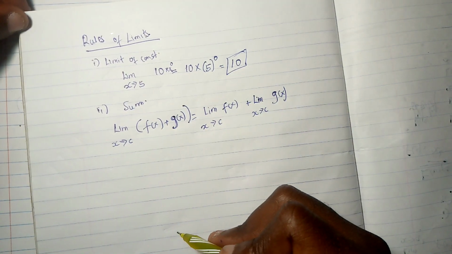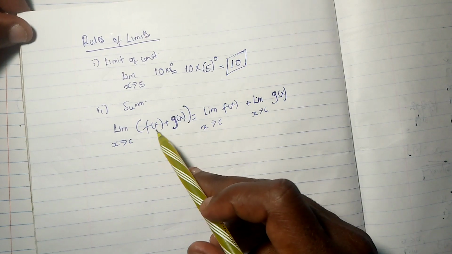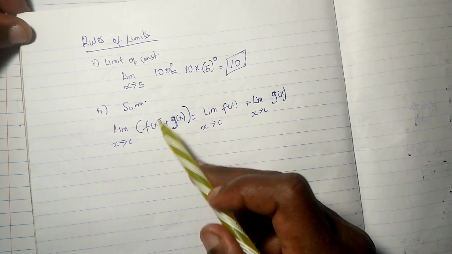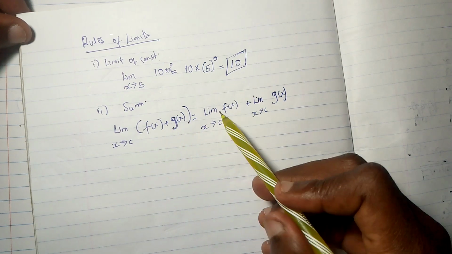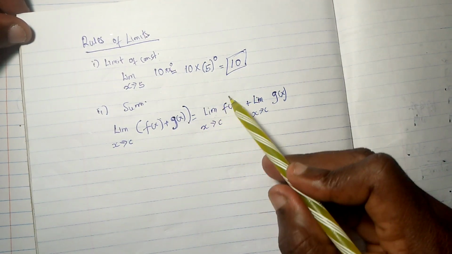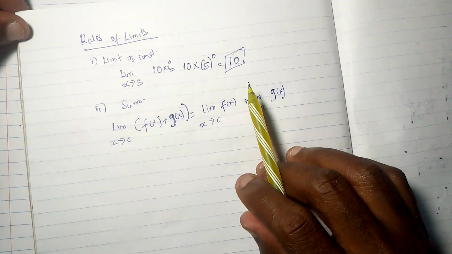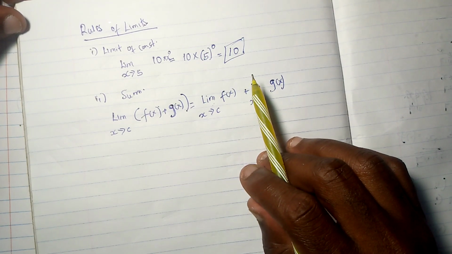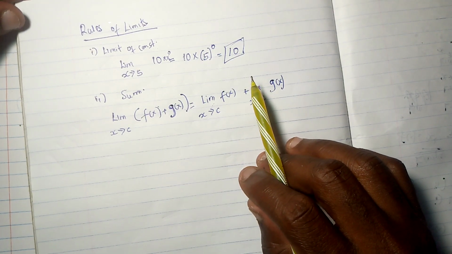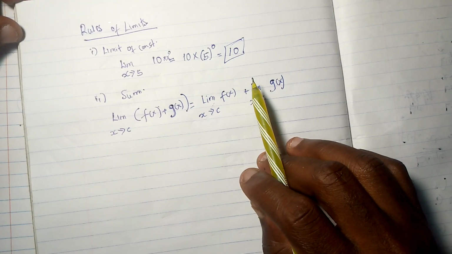So you can just sum the functions and then evaluate them at c, or you can even do them individually. If you want an example, we shall do an example at the end that is going to show you these limits.